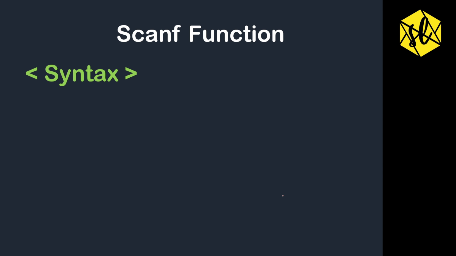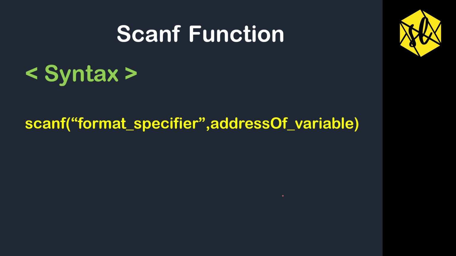So now what is this syntax? Let's see this one. Okay, this seems quite understandable, but at the same time it is very complex. Let us just break it down into a few parts. Here we have three parts. First one being the scanf.